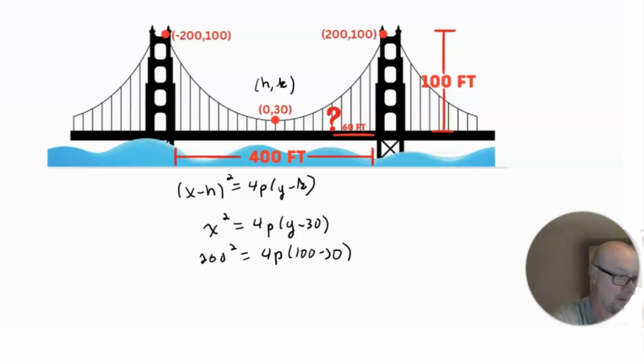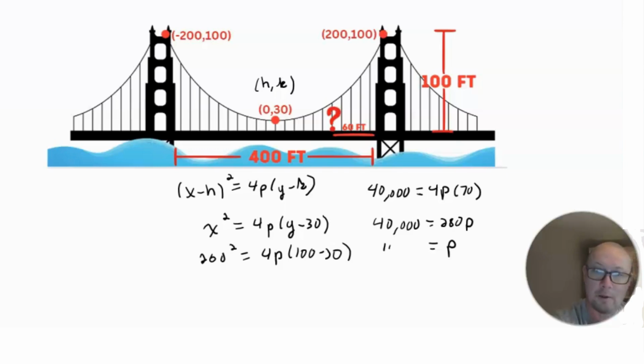and I would get 40,000 equals 4p times 70. I'm going to multiply 4 times 70, so I get 280p. Divide both sides by 280, and I'm going to get p is around 142.86.